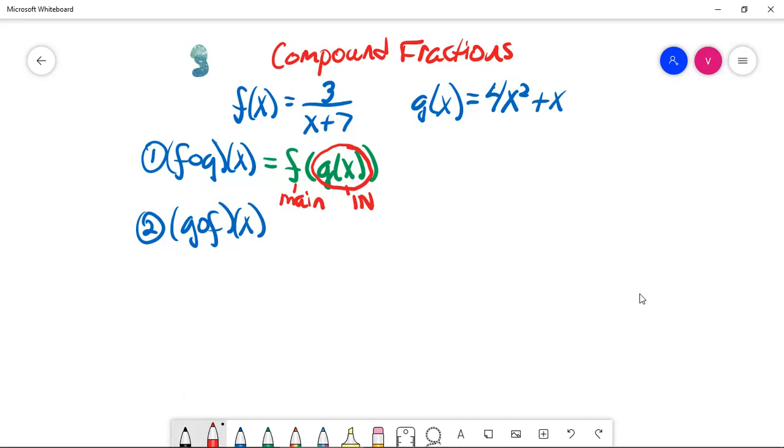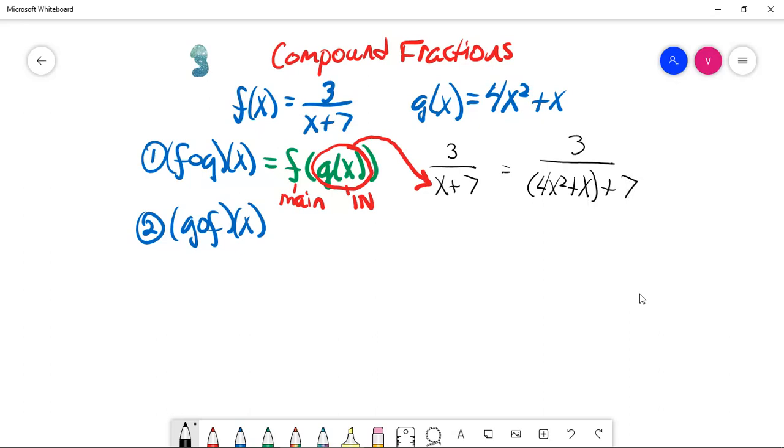So I'm going to write f of x over here. So we're going to have 3 over x plus 7. And into this, we are going to put g of x into that x right there. So that's going to become 3 over the input, which is g of x up here, 4x squared plus x plus 7.